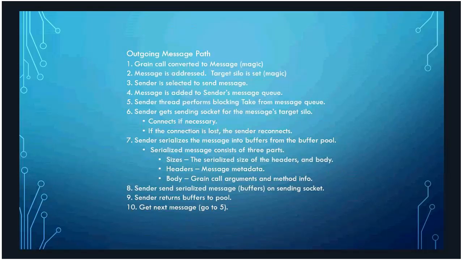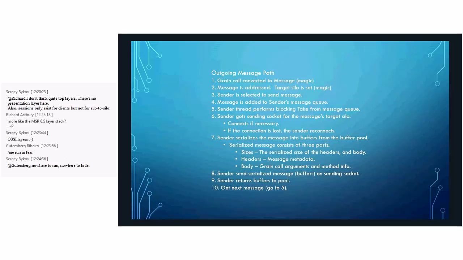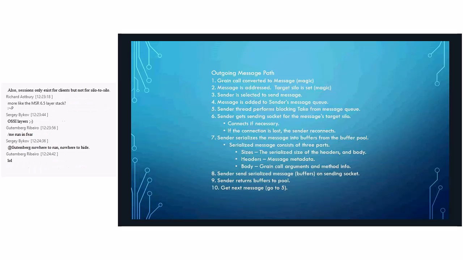We address the message, figure out what target silo it should be going to. We select a sender to send that message over, and that sender is selected by doing basically a modulus of the hash of the target silo based off the number of senders you have available.